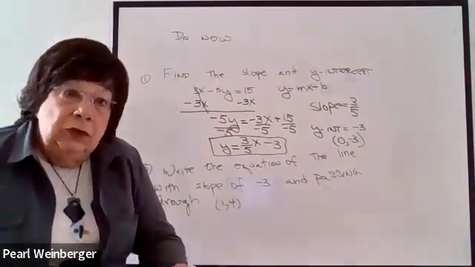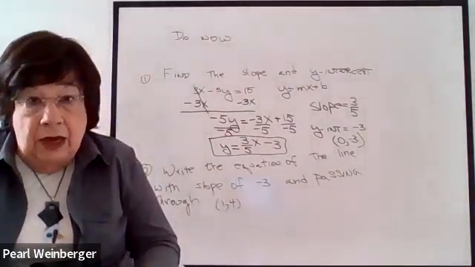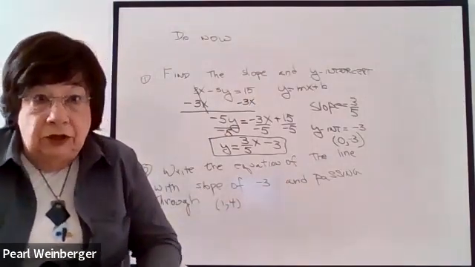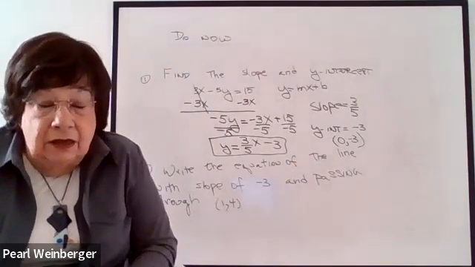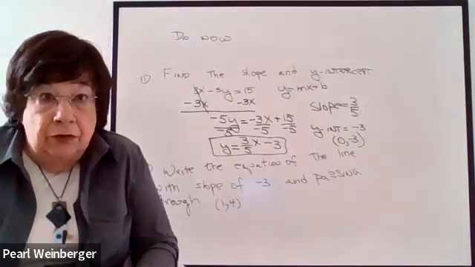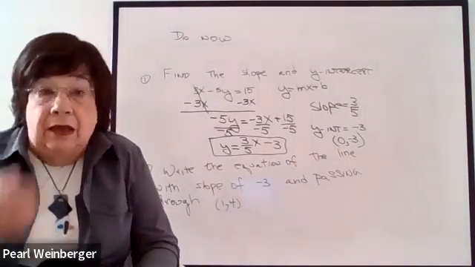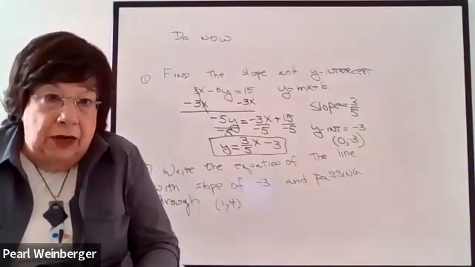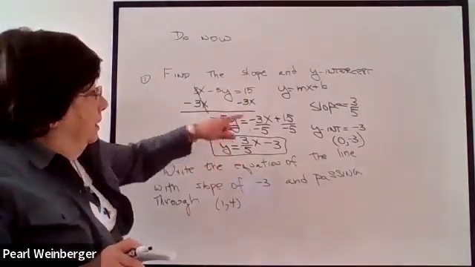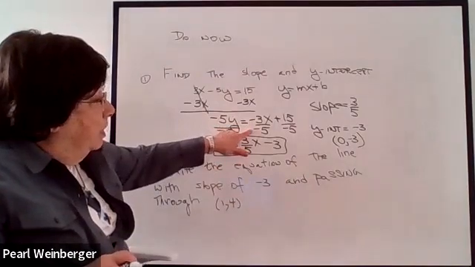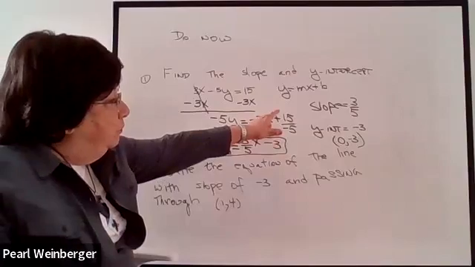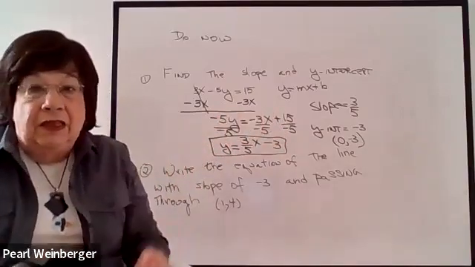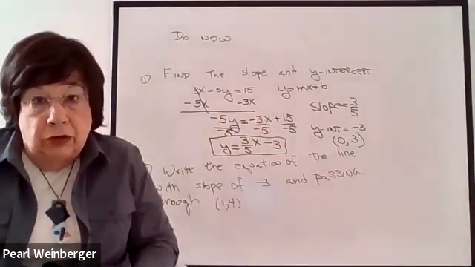Now, nobody put this answer on the chat. Okay, if you forgot to simplify and you left it that way, it would be totally correct. In other words, if you said the slope is negative 3 over negative 5, that's totally correct. If you said the y-intercept is 15 divided by negative 5, that's totally correct also.